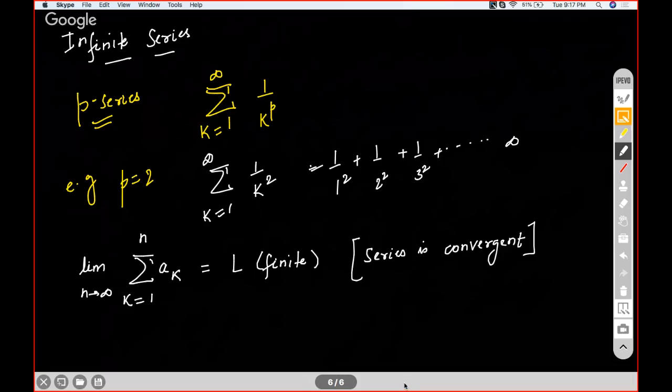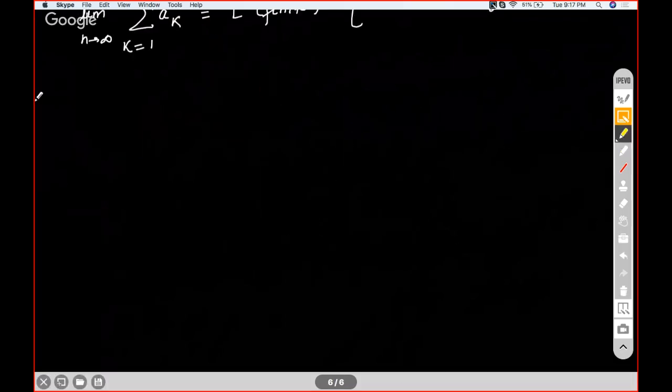Understood? Now, a couple of examples that you can see are from your geometric series.